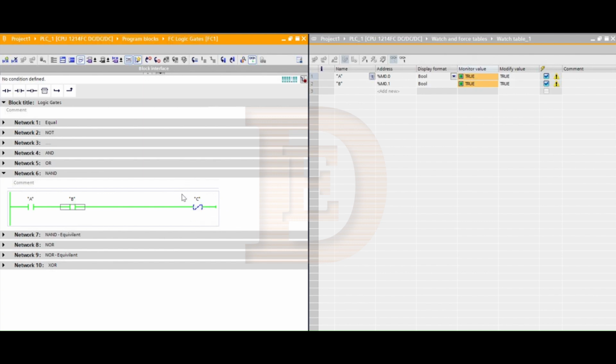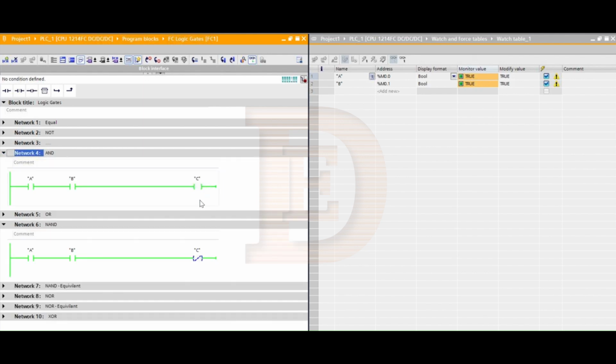So it's a negated AND. And we learned up here, we can negate the output or the input. In this case, we negated the output. So if you look at it, it's just like this one, but we negated the output.